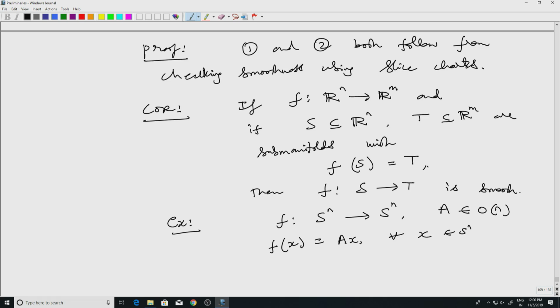Since A is an orthogonal matrix, if norm x equals 1, in other words if x belongs to the sphere, then the norm of Ax is also equal to 1. So this is a well-defined map from Sn to Sn.